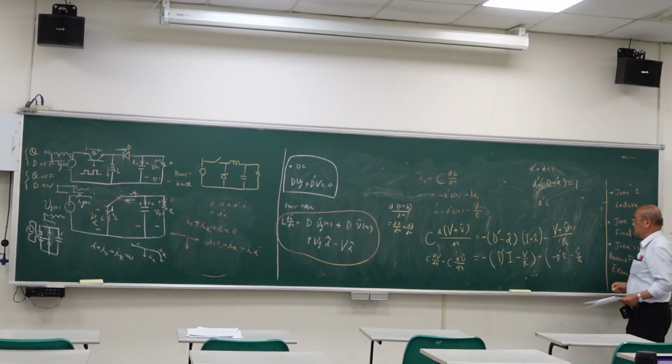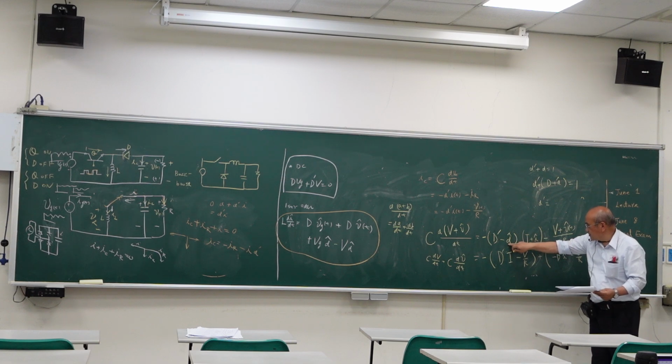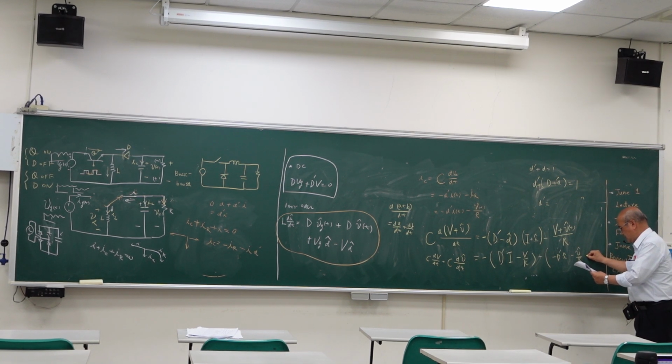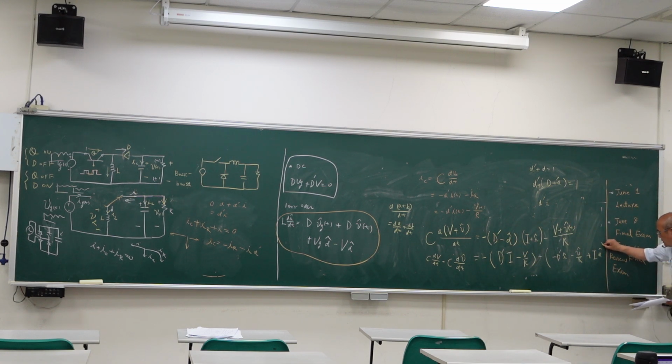This is constant, this is small signal. So this is first order. How can we say this? I D hat, and this is minus, minus becomes plus. Okay, so this is first order.